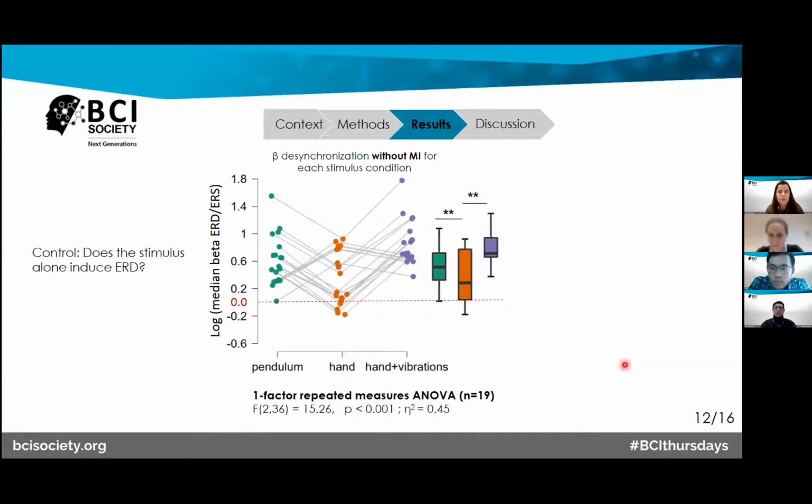As a control, we wanted to test if the stimulus induced in the feedbacks was enough to induce a desynchronization of the EEG activity. So what we did was we had subjects watch random movements of either the pendulum, the hand, or also receive vibrations without performing the task, which is motor imagery.